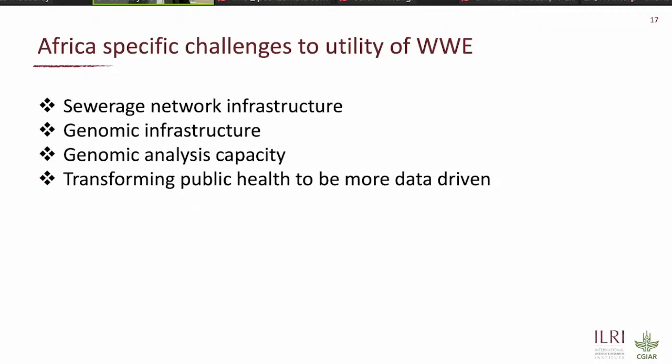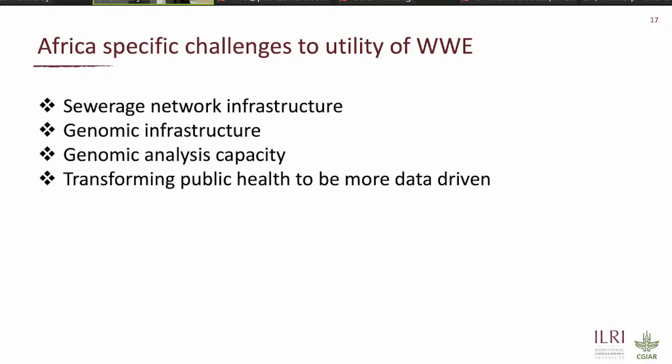When I look at Africa, I can think of a few challenges that one would face when we focus on wastewater epidemiology. First of all, as I indicated, one needs a very good sewerage network infrastructure. I know that some major African cities have this, but it's still not spread enough to cover the wider population.